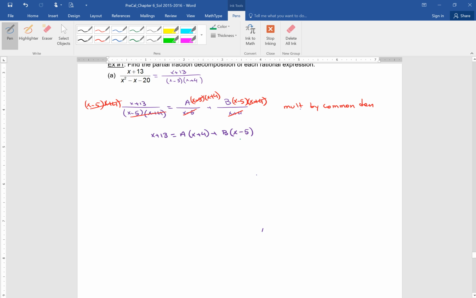So I just plug in x equals 5, and that's the reason why I picked x equals 5. I just picked one of the parentheses to get rid of, and then you choose the number that will make that 0. But when you pick your x, you have to plug it into all of the x's. So it's 5 plus 13 is equal to A times 5 plus 4 plus B times 5 minus 5.